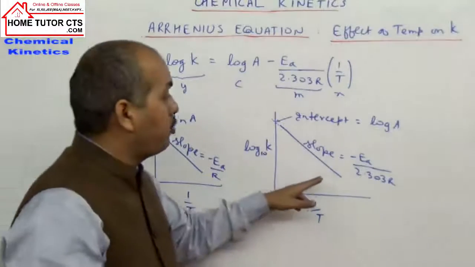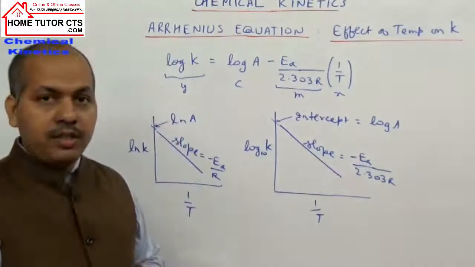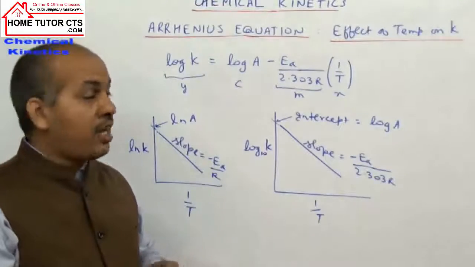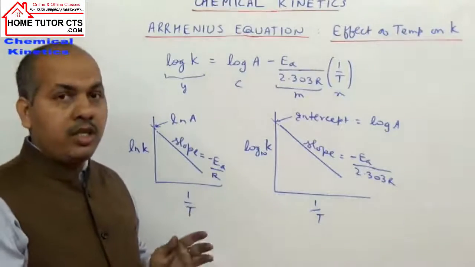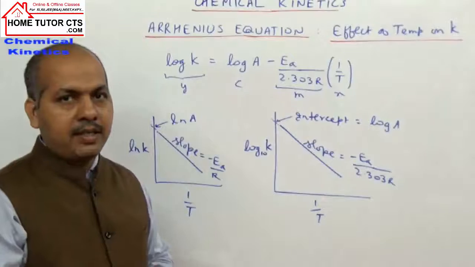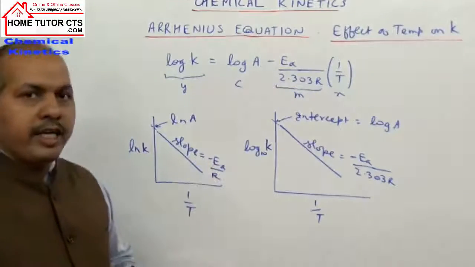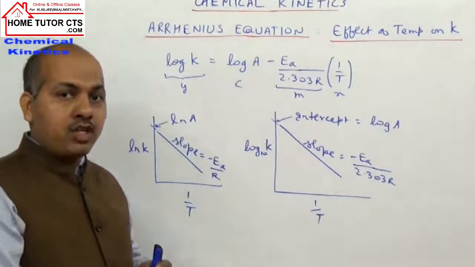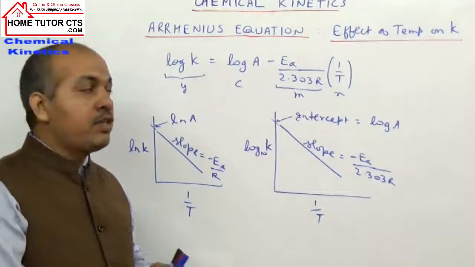Now in this case, you can see one or two more points. Reactions which have high activation energy will have a higher slope in magnitude, and reactions having lower activation energy will have a lower slope. So sometimes the slope can help you compare approximate activation energies.